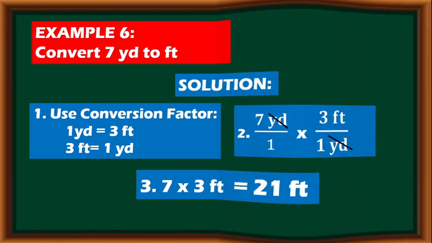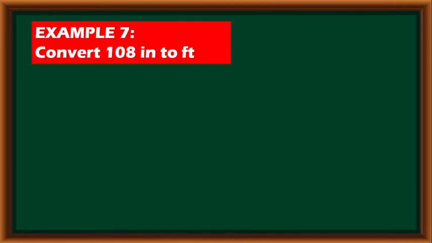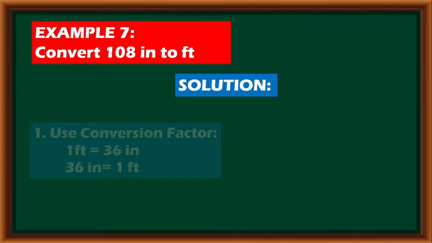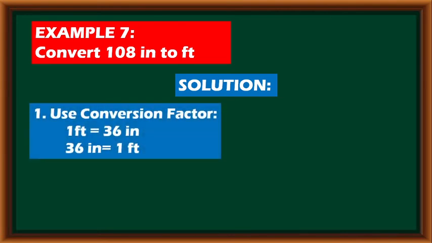Next, number 7. Convert 108 inches to feet. How many inches are there in a foot? There are 36 inches in 1 foot, or 36 inches is equal to 1 foot.